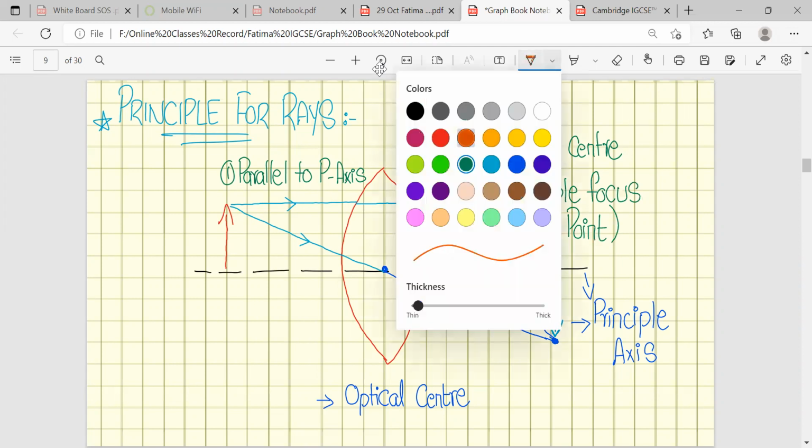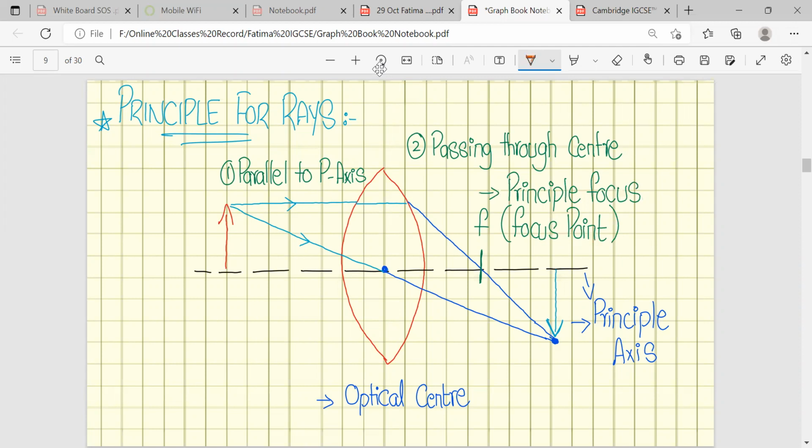And if we measure this length, the distance from the lens to the principal focus or the focus point, this distance will be known as focal length, right? So this length will give you the focal length of a specific lens.